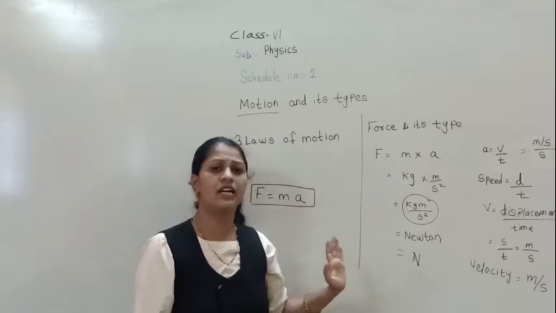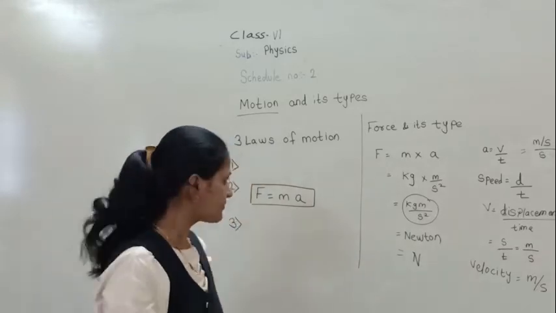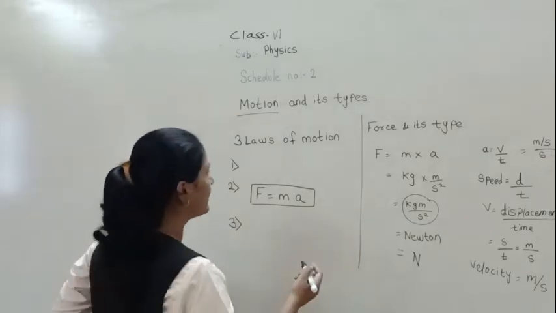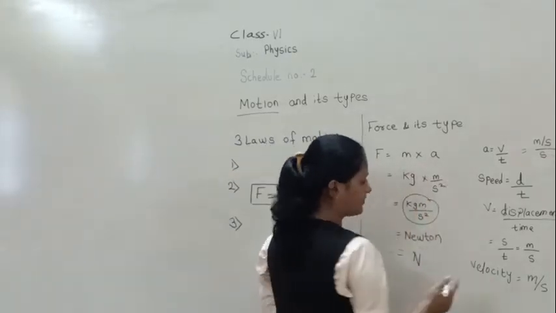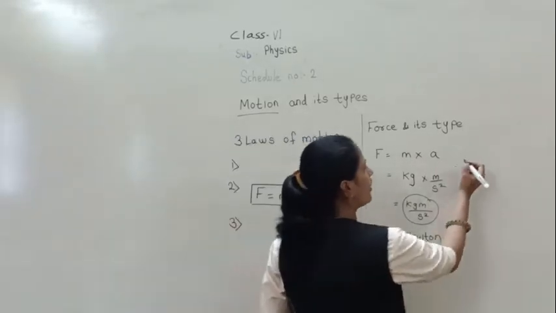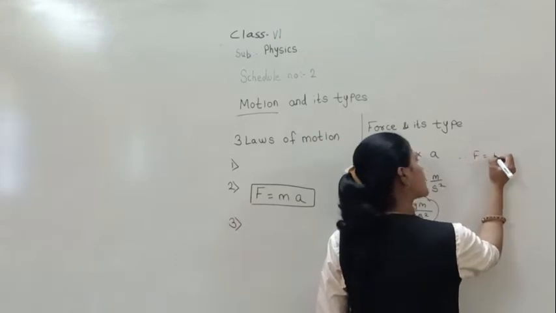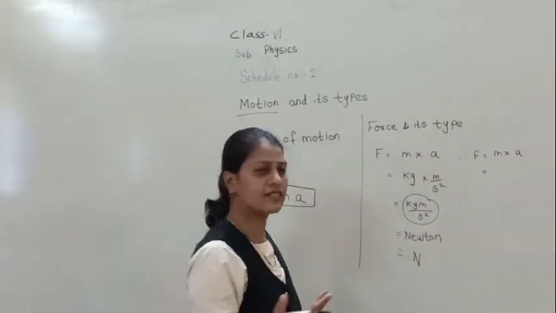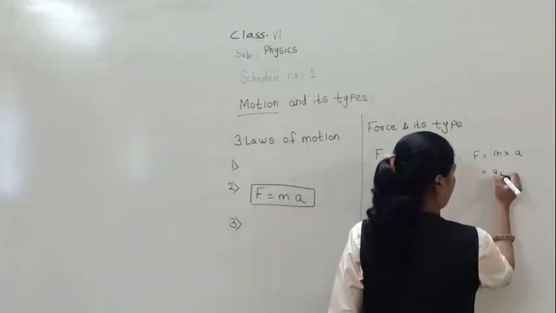I hope you have understood till this. Now let's learn about the CGS unit. Force is nothing but mass into acceleration. What is the CGS unit of mass? Yes, gram.